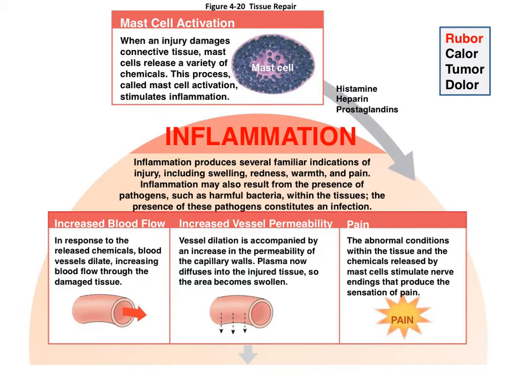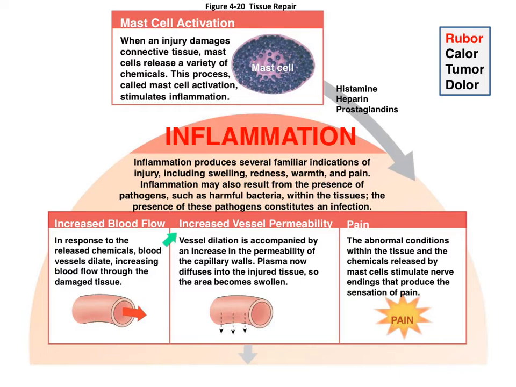They come because of increased blood flow to the area. So part of the inflammatory response is chemicals that cause blood vessels to open up, so you get more blood flow, and that brings heat and redness. You also have the vessels become more permeable, so you get fluid from the vessels leaking out into the surrounding tissue.